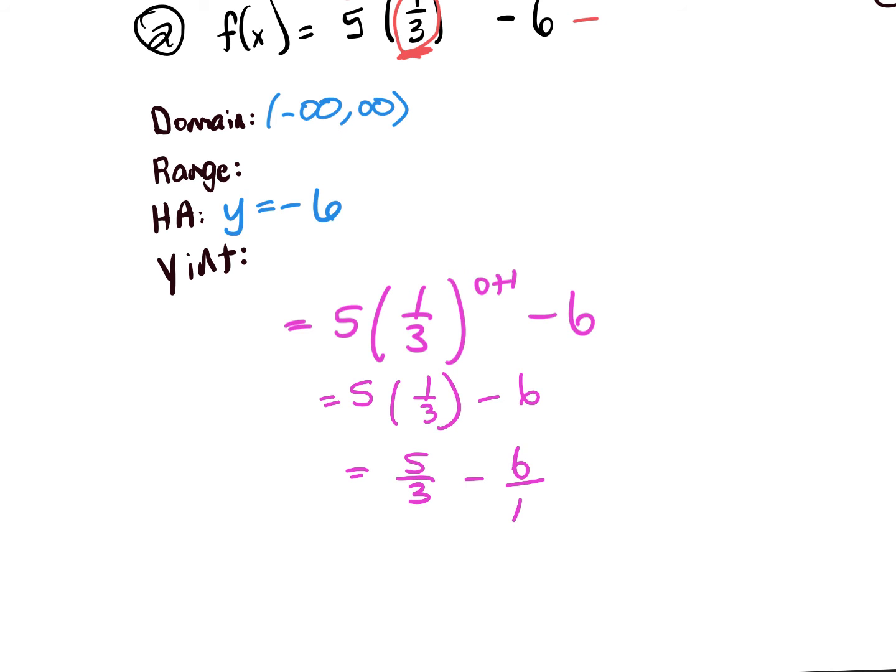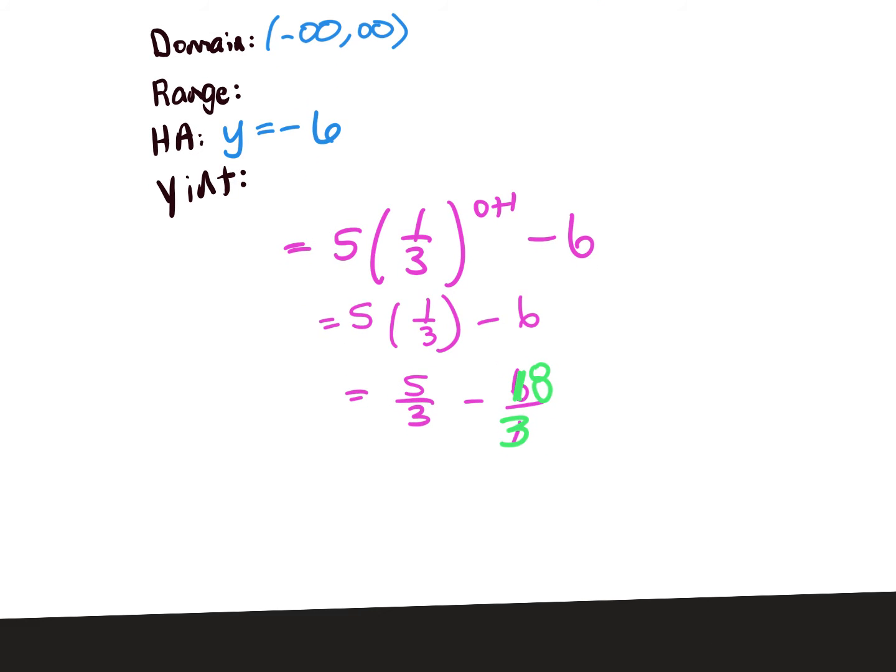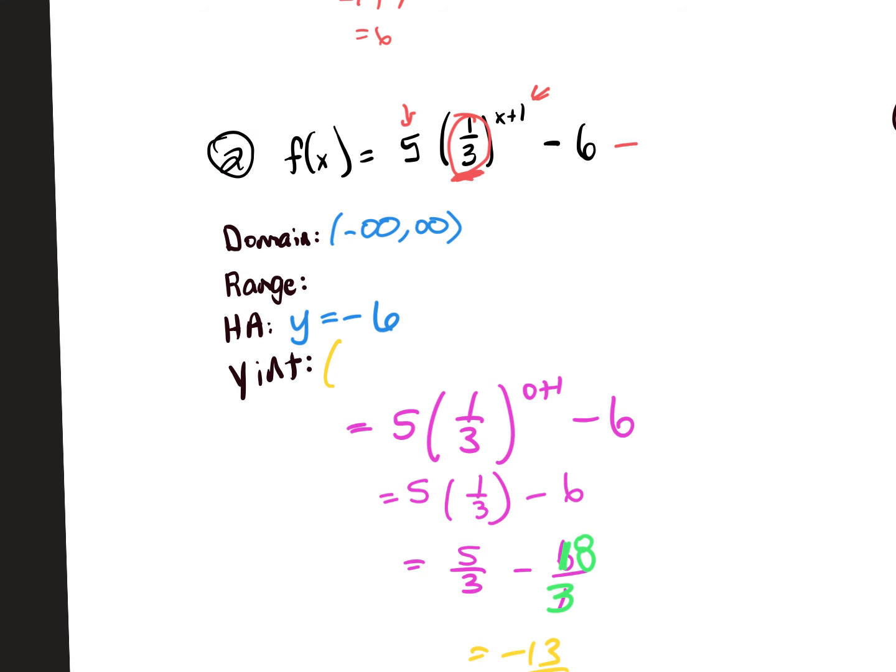Can I subtract those two? Got to get a common denominator. What's the common denominator between 1 and 3? Good, this would be 3. So then I change this to 18 because 6 times 3 is 18. And then what's 5 minus 18? Negative 13 over 3. So my y-intercept is at 0, comma, negative 13 over 3.